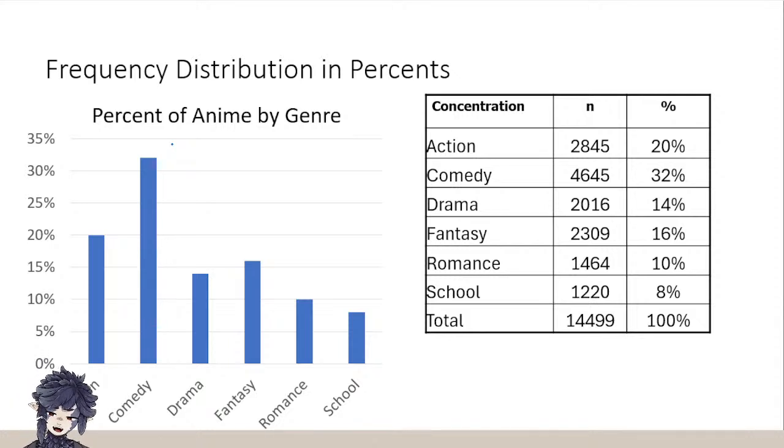Isekai animes really started to blow up around 2019 to the levels that we're seeing now, so it's possible that this data just isn't recent enough for fantasy to be quite as high as we'd expect it to be, given the market saturation that isekai has right now. So it could be a product of its time, context and all that. It's fun to think about, though. I'll have to look at that. Anyway.